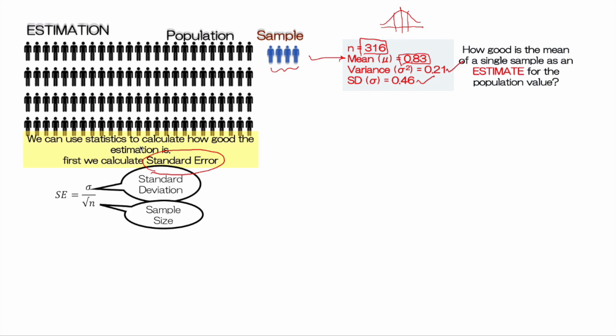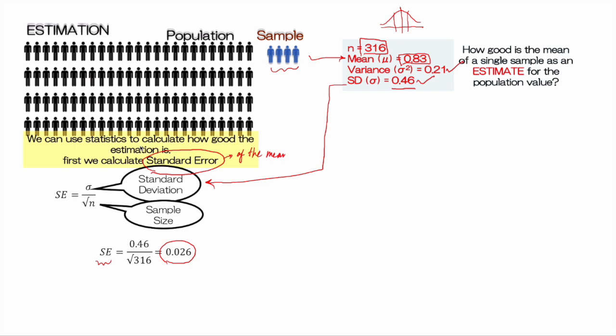The standard deviation, or the little sigma, is 0.46, and the sample size is 316. We calculate the square root and reach a value for the standard error. The standard error itself may not be something that we report, especially here where it is the standard error of the mean.